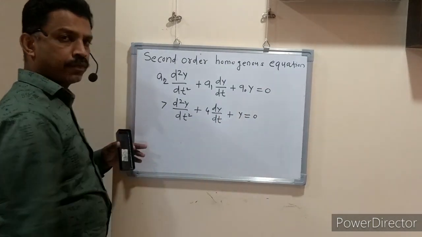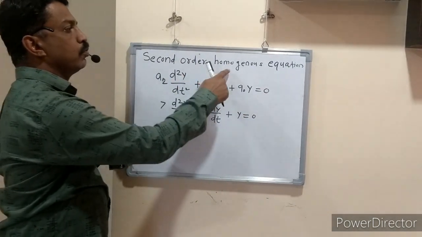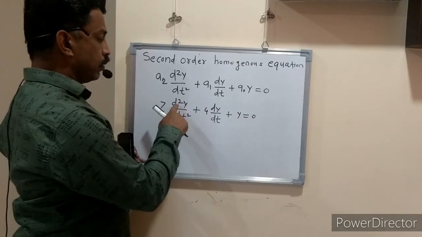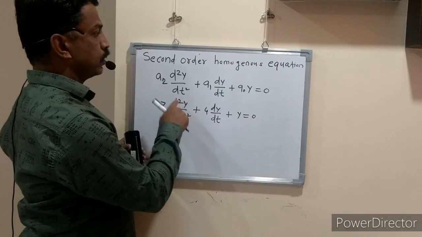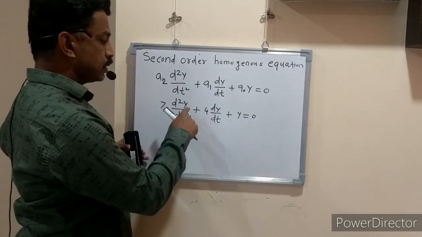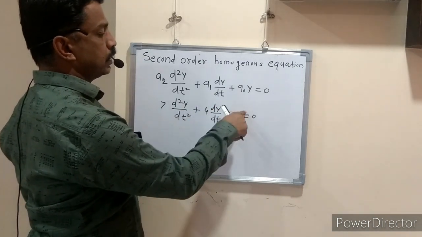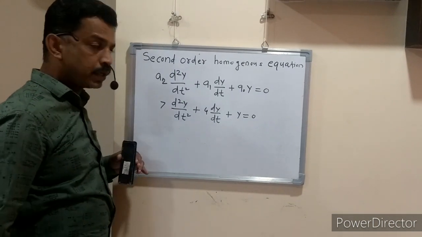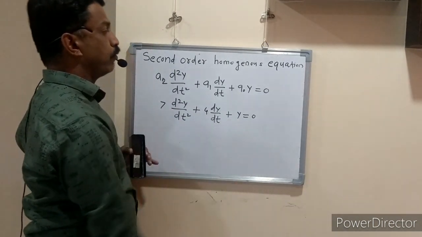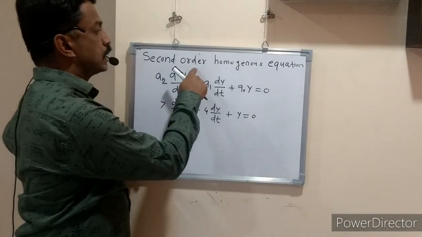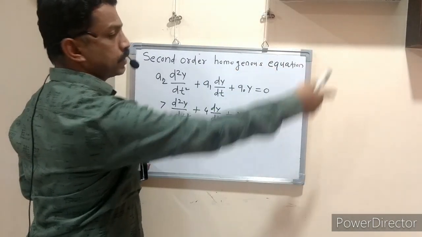Such type of equation is known as second order homogeneous equation. Why second order? Because the highest derivative is 2. Here y is present, the dependent term, here y is present, here also y is present. Therefore it is known as second order homogeneous equation.